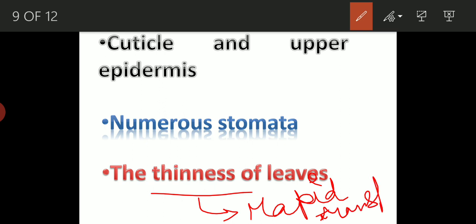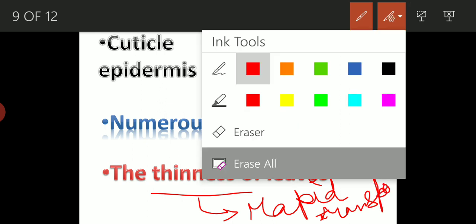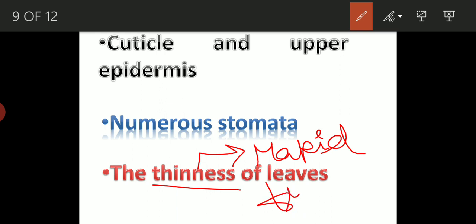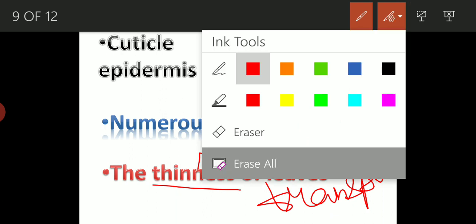Rapid transport. Okay? If the leaves are thin, then the distance between the cells gets reduced, which helps in rapid transport. So this is the thing about the thinness of leaves.